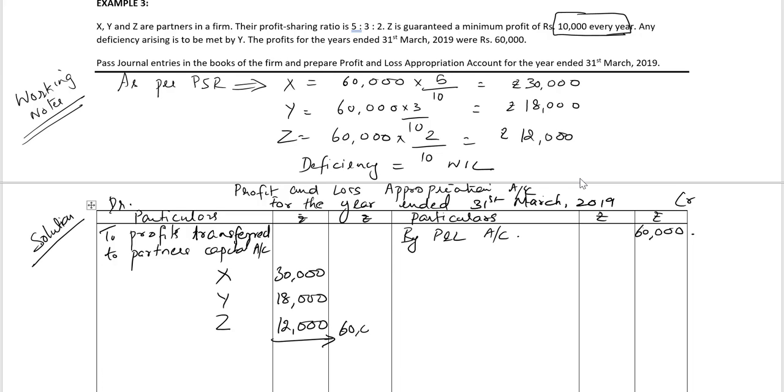Total 60,000 and we total up the account. So this is the answer for the ledger account, the preparation of profit and loss appropriation account. We will continue with example sums on the same concept in the upcoming video.